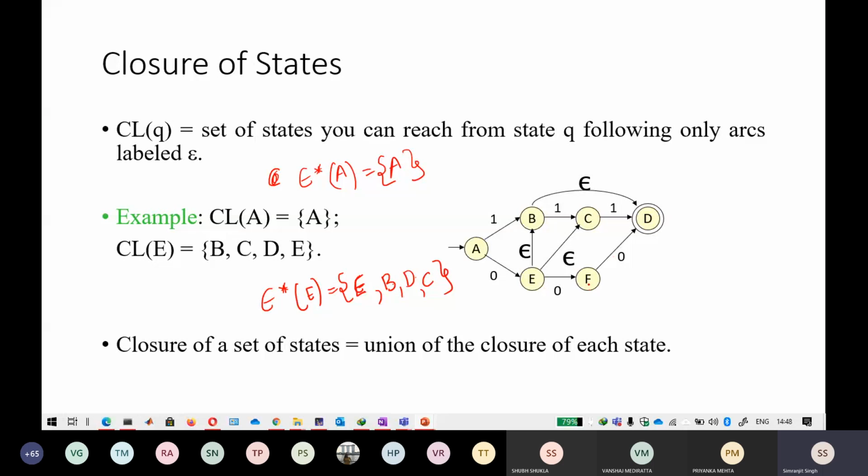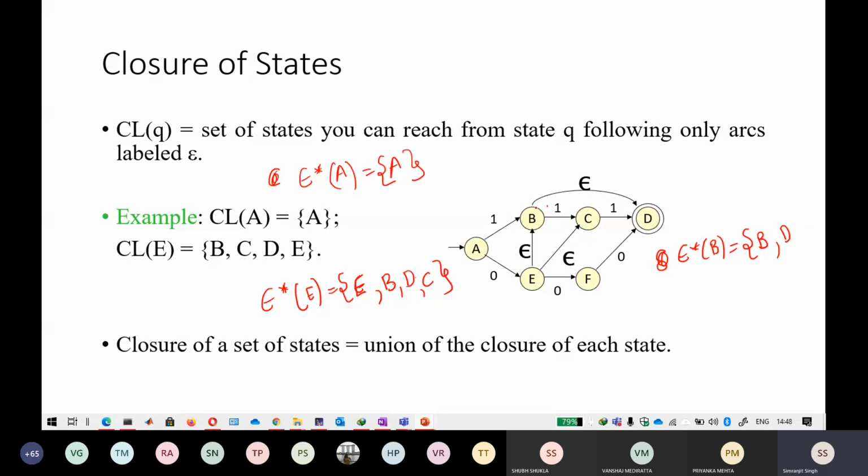In the same way, if I calculate the epsilon closure of B, B will already be in the set. After that, you can get to D on getting an input of epsilon.